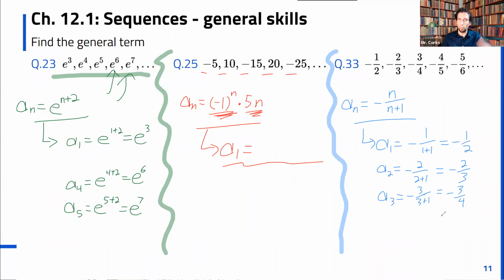Okay, we're seeing the pattern here. We've tested 3 of them, and we can also intuitively see it's going to work out. -4 over 5, -5 over 6, -6 over 7, etc. So it works.